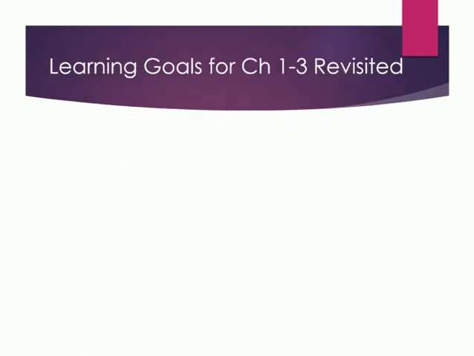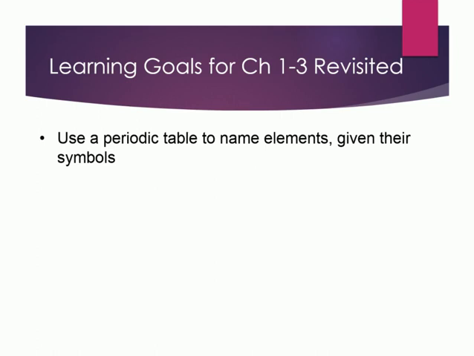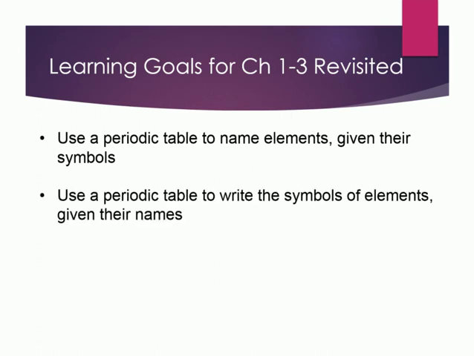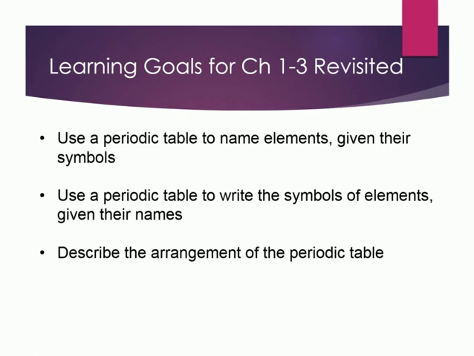Let's recap our goals, see how we're doing so far between this video lecture and your reading as well as your assignments. I want you to be able to use the periodic table to name elements given their symbols, as well as being able to write the symbols of the elements given their names. I want you to be able to describe the arrangement of the periodic table.